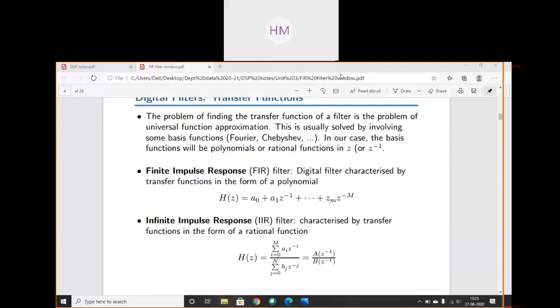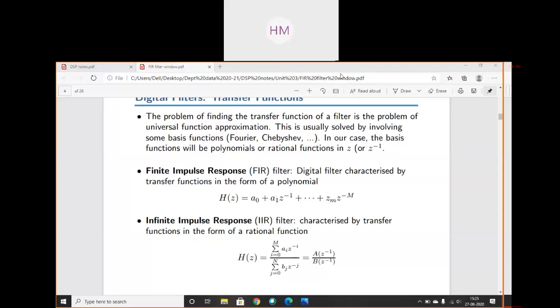H of Z is equal to Y of Z upon X of Z. Now the infinite impulse response is written in terms of two coefficients which we have discussed, AK and BK. In some books A is forward, in some books B is forward.